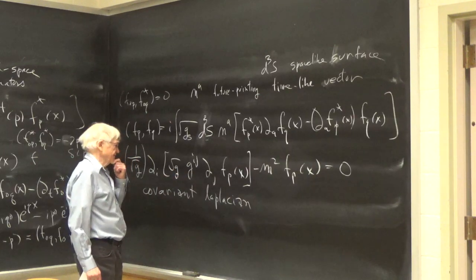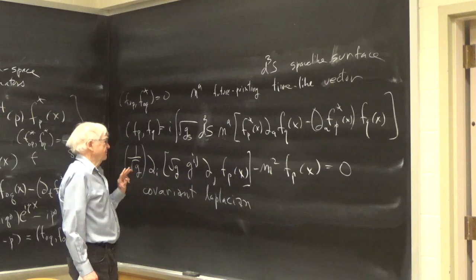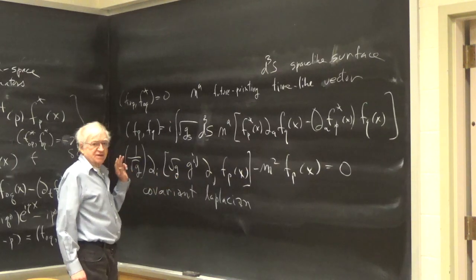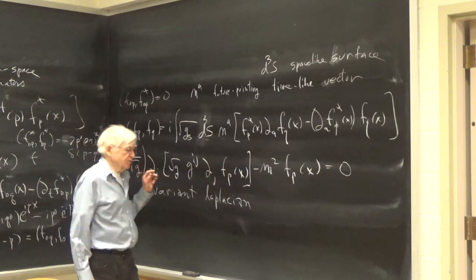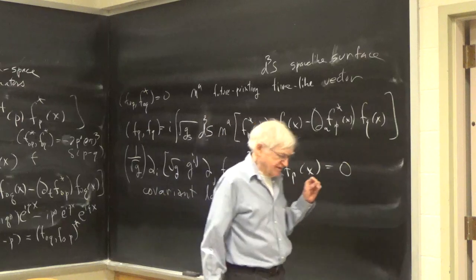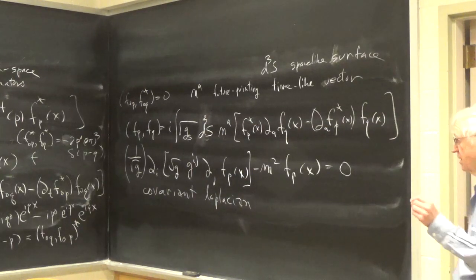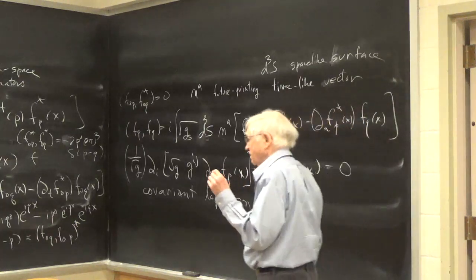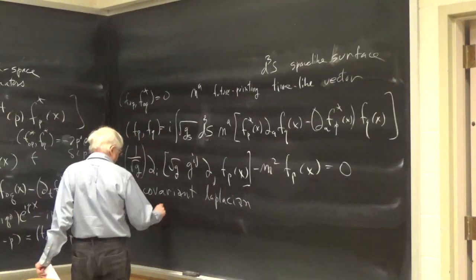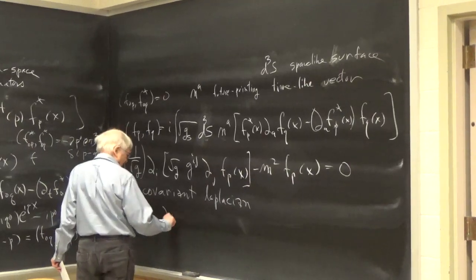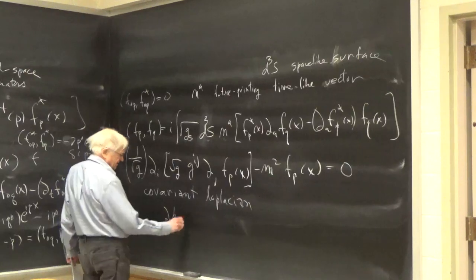And in fact, this is much simpler than what you'd expect. In other words, if you just started out writing down covariant derivatives, you see, when you have d_j of phi, this is a covariant vector.